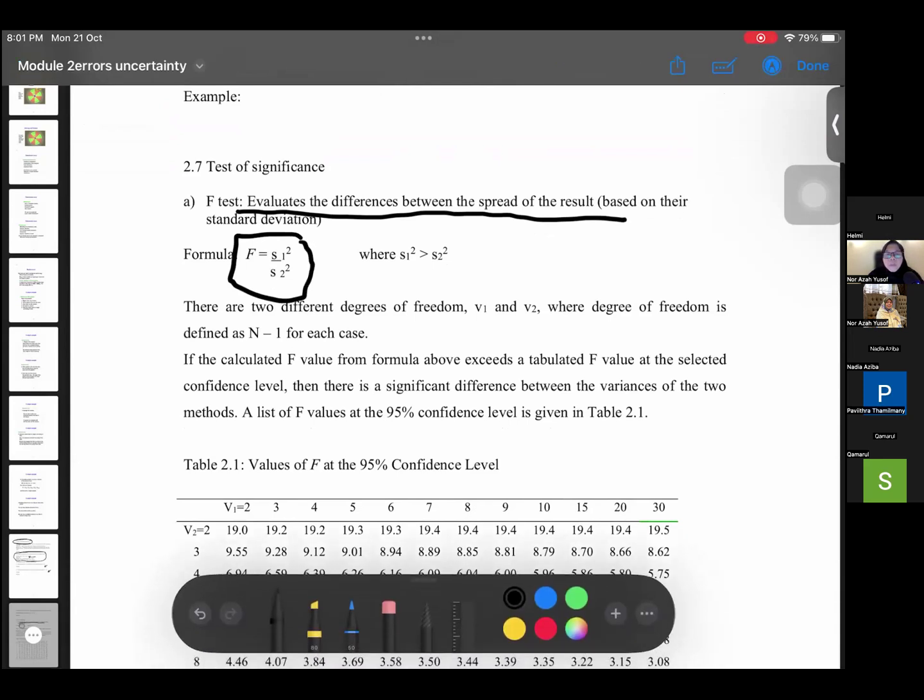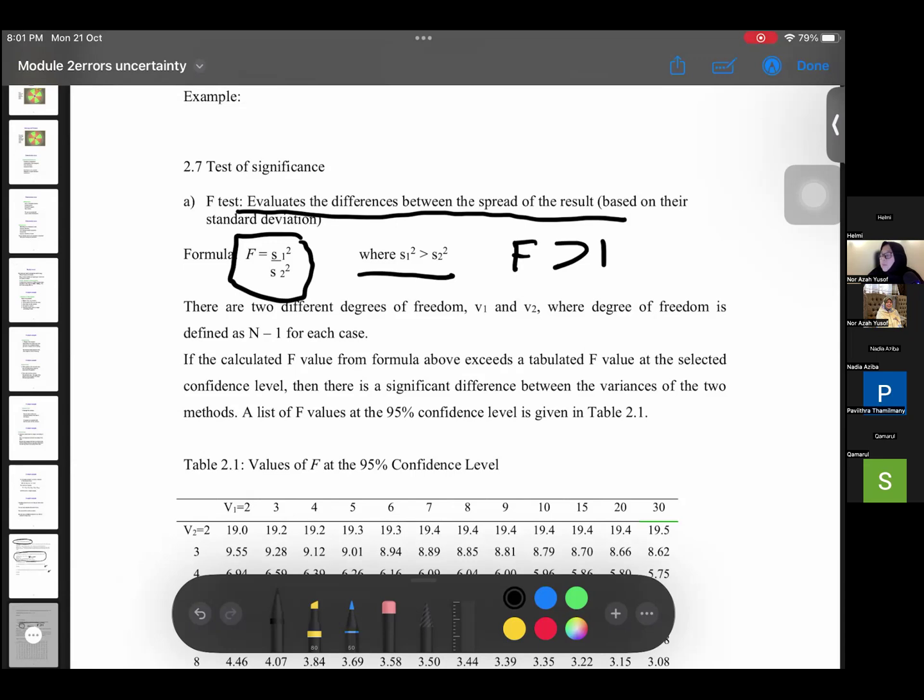Okay, so this is the F formula, and it is based on variance. We know standard deviation. Variance is standard deviation squared. And the value of F has to be more than 1, it cannot be less than 1.